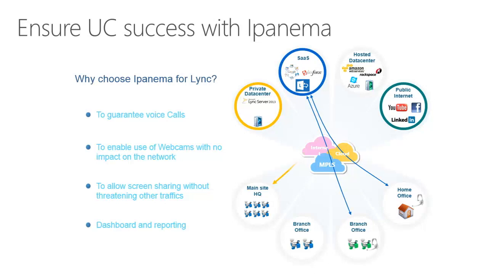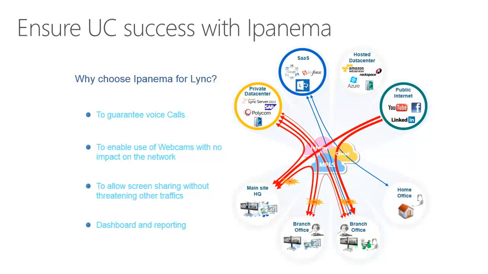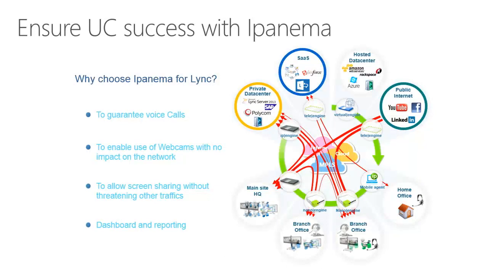So why would you choose IPANEMA for Lync? Well, I think the main reason is that we are able to protect the real-time flows and the business applications and add in things like WAN optimization technology at the same time. It's very easy to manage, to centralize your network operations into one single point where you get visibility.